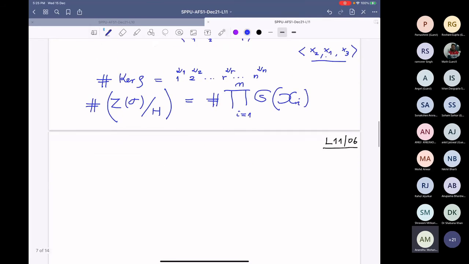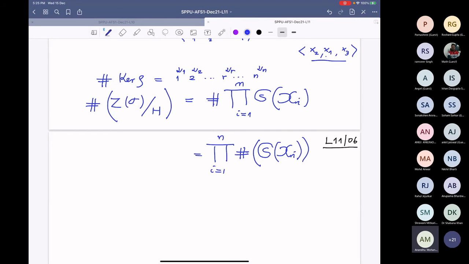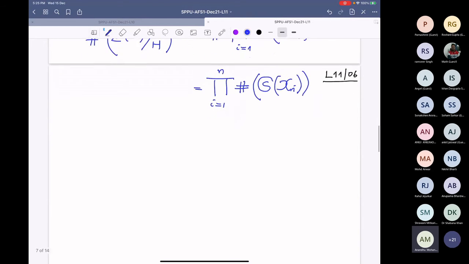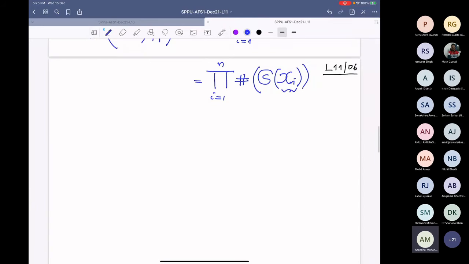The cardinality of the product I can push inside, so this is the product over i from 1 to n of the cardinality of S of Xi. And how many elements are there in capital Xi? That is nu i, that is what we were assuming.